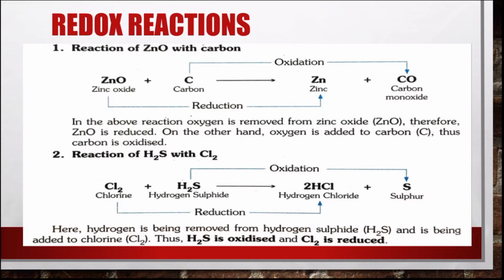On the other hand, oxygen is added to carbon, thus carbon is oxidized. In the second example, the reaction of hydrogen sulfide with chlorine, hydrogen is being removed from hydrogen sulfide and is being added to chlorine. Thus H2S is oxidized and Cl2 is reduced.